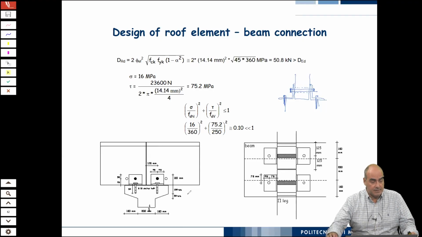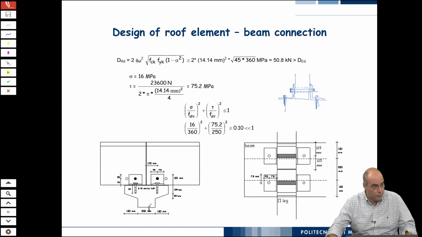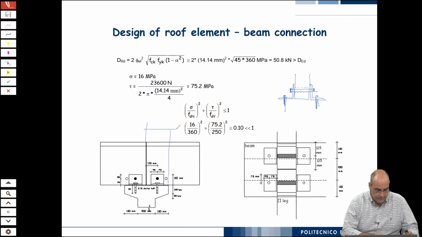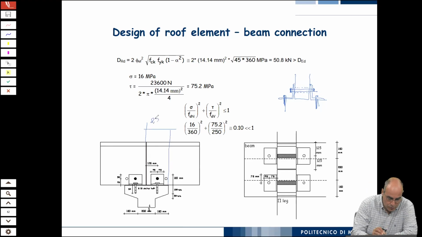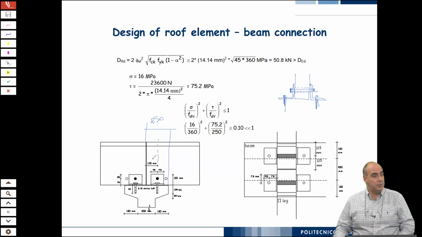But it's not that you have plenty of space, because you have to accommodate 2 roof elements here. So from here to here, you have 250. And we made it in such a way that it was exactly in the middle, 125 millimeters.